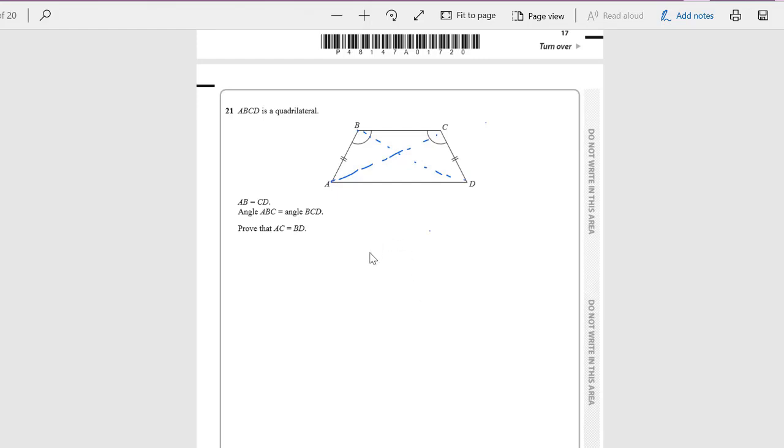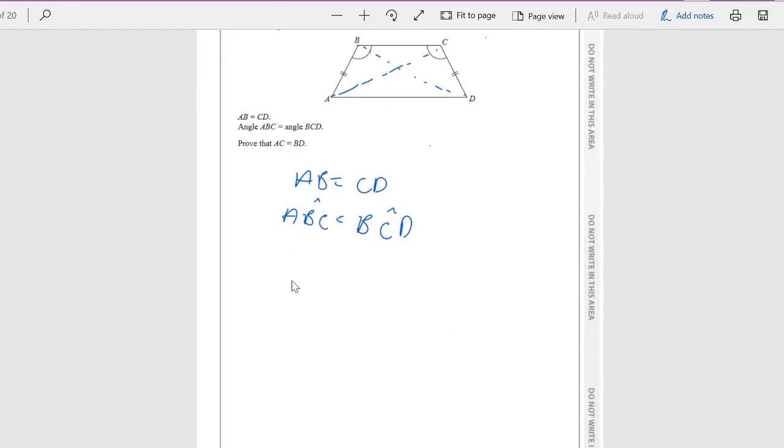Right, so we know that AB and CD are equal. It's given to us. And we know that the angle ABC is equal to angle BCD, right? So BC is common to both triangle ABC and BCD. So what I mean by that is BC is common to both ABC and BCD.